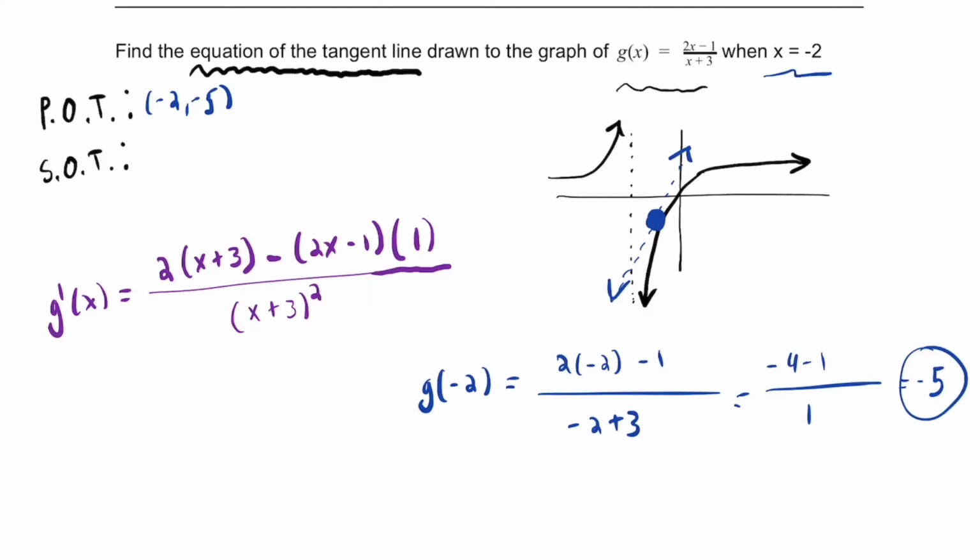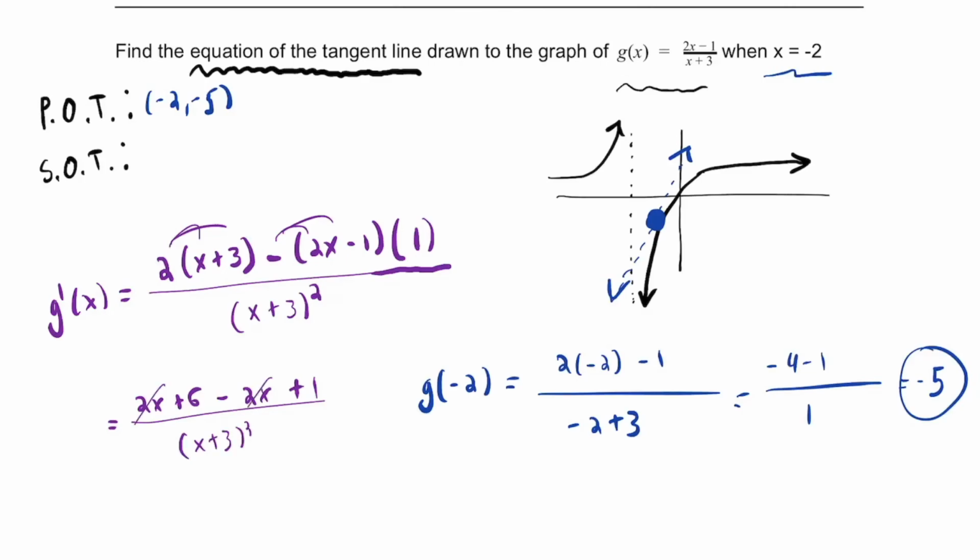Now, we can do a little simplification here. Whenever you're ready to plug in -2, you're good to go. I'll just do a little bit of simplification here. This would be 2x plus 6 minus 2x plus 1. I'm just distributing here. That's all I'm really doing. All of that over x plus 3 squared.